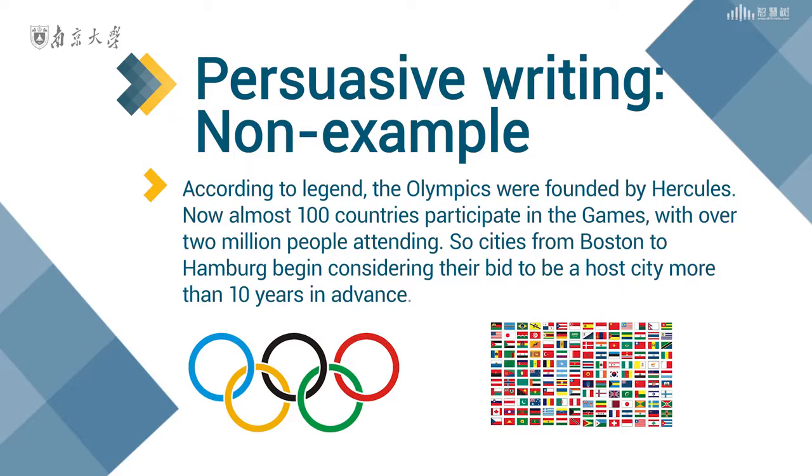So cities from Boston to Hamburg begin considering their bid to be a host city more than 10 years in advance. All of these statements are facts. Therefore, it is expository. To be persuasive writing, you must have an opinion that you are trying to persuade people of. Then, of course, you will support that opinion with evidence.